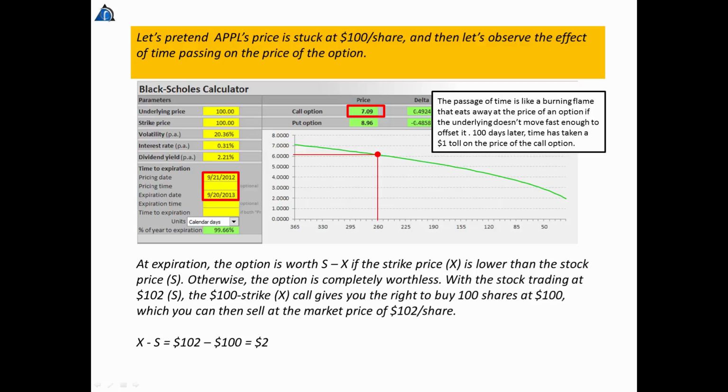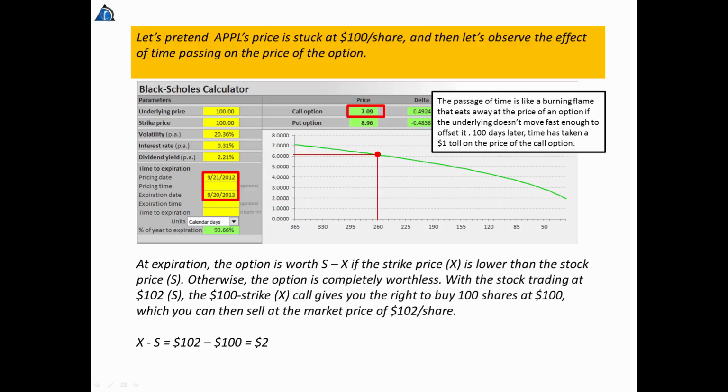You've actually lost $509 because time was not on your side. The price of the stock did not move fast enough and high enough during those 12 months for you to realize a decent profit.